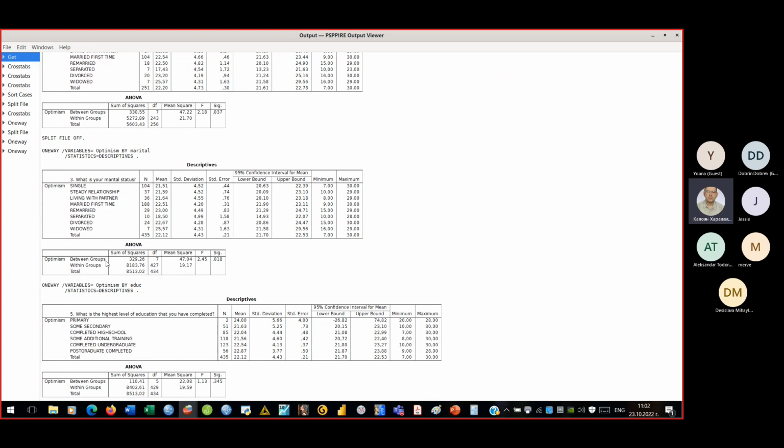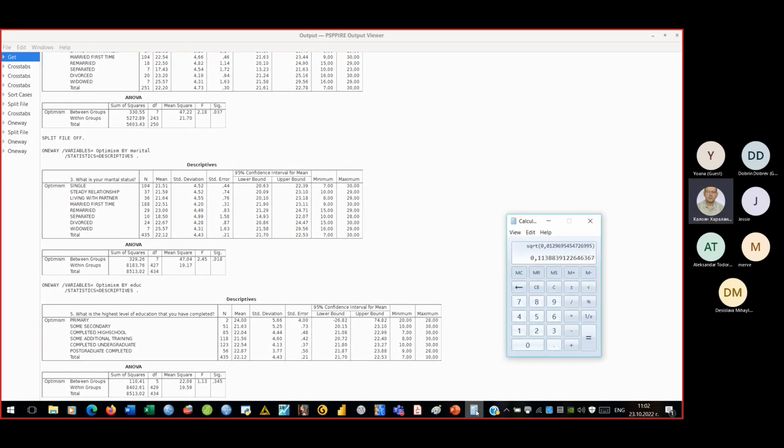For the marital status, sum of squares between groups is 329.26 and divided by 8,513.02.